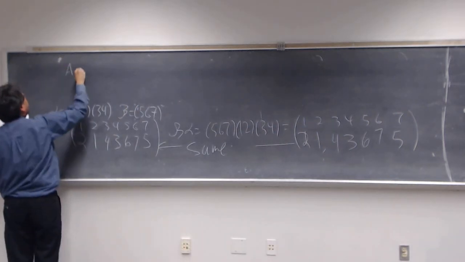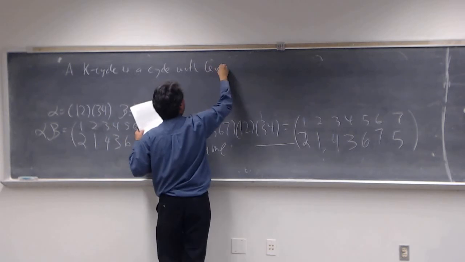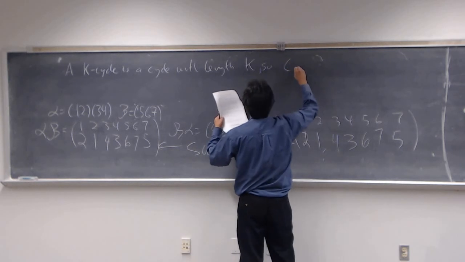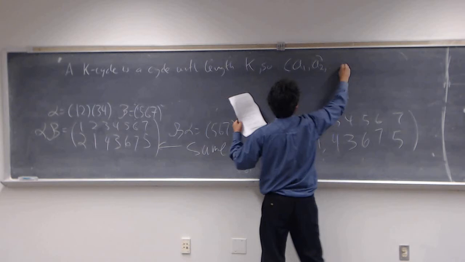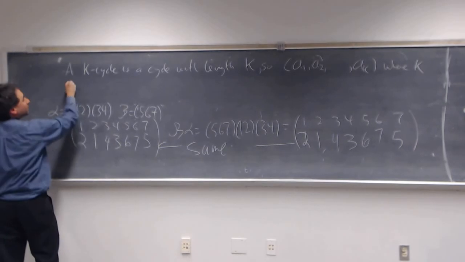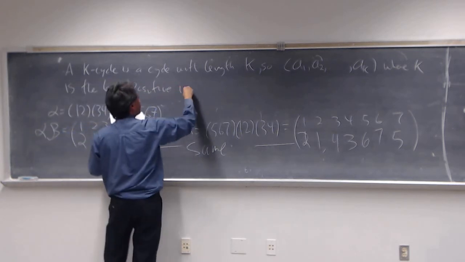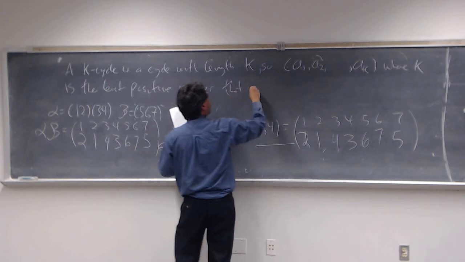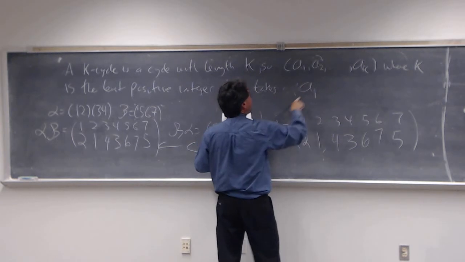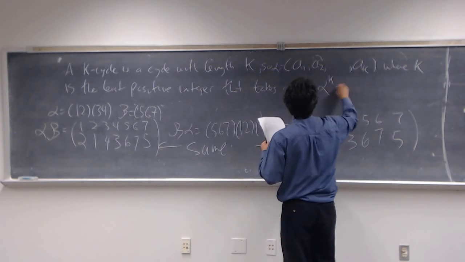So again, a K-cycle is a cycle with length K. We put a1, a2, all the way up to aK, where K is the least positive integer that takes a1, call this alpha, multiplying on the left, where alpha to the K takes you back to a1.